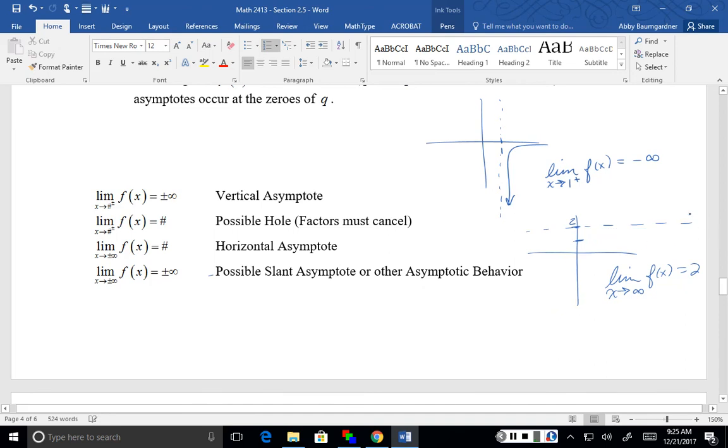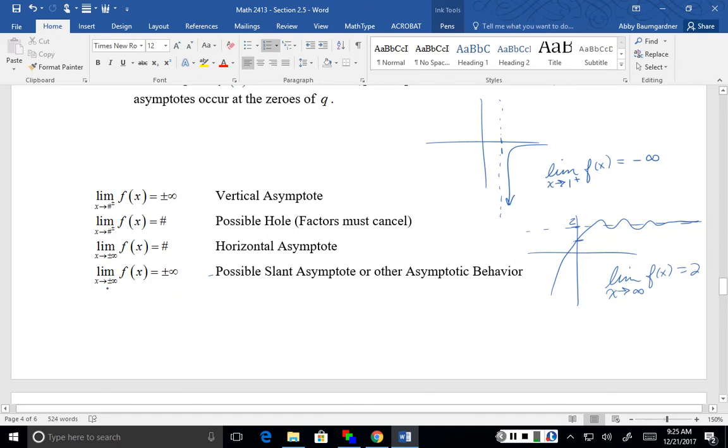And again, your graph could actually do something like this and then taper off. That's completely fine. Wherever it tapers off, it doesn't have to be below that horizontal asymptote, it could actually drop down towards that horizontal asymptote from above. That's completely fine. The limit at infinity of f of x then is 2, so this describes a horizontal asymptote.